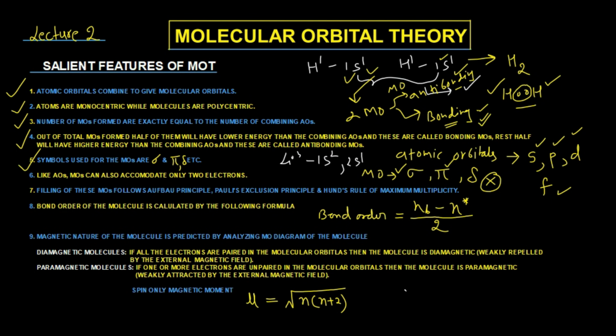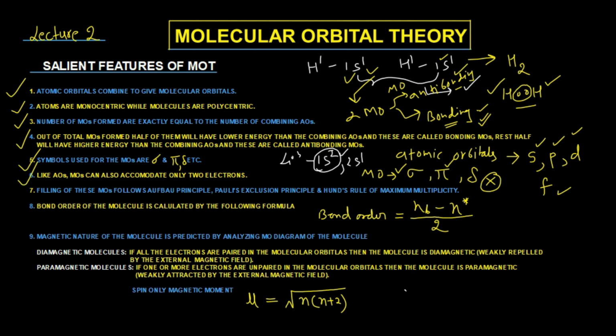The maximum capacity of an s orbital is only 2 electrons. So like atomic orbitals, molecular orbitals, whether sigma or pi or delta, can accommodate a maximum of only 2 electrons. So the 6th point is also quite clear now.